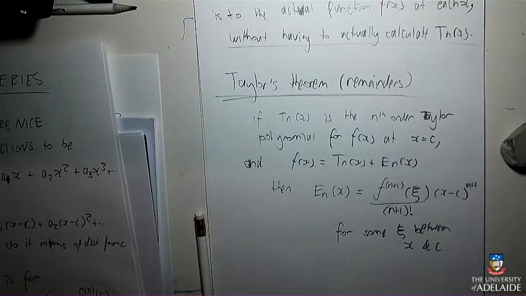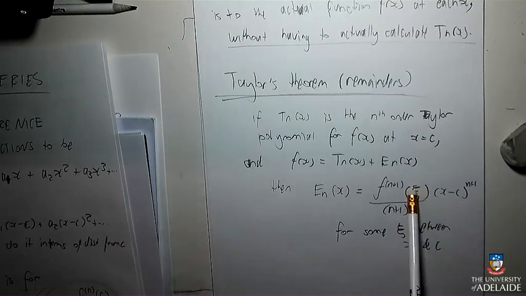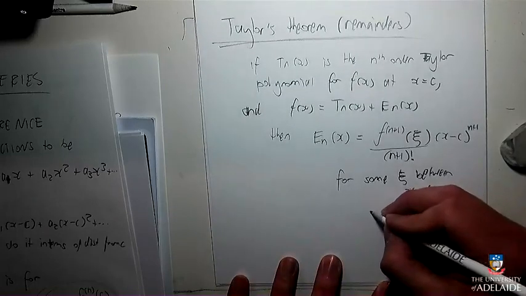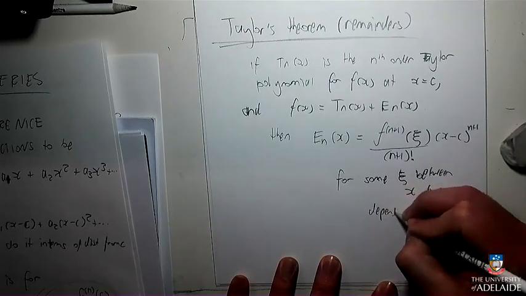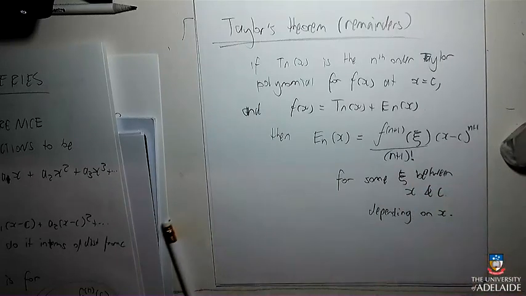But the problem with the theorem is that Taylor doesn't tell us which number to pick. He says it's one of the numbers somewhere between the x you're thinking of and the c. And it will be a different psi for every x. So each x will have a different psi. So it's really quite frustrating.